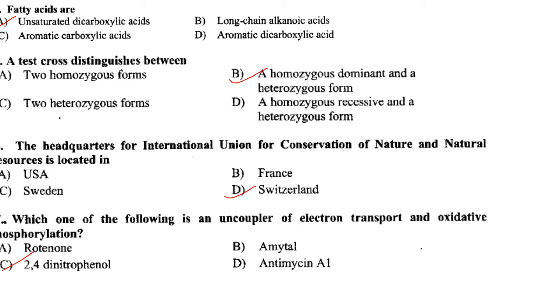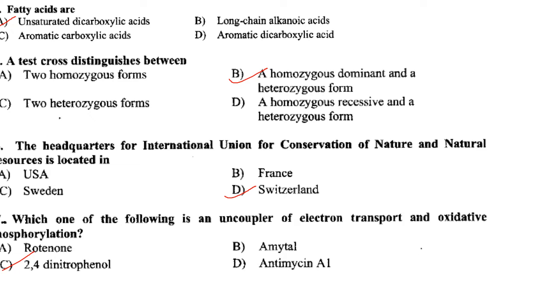Then the headquarters of International Union for Conservation of Nature and Natural Resources is located in option D, that is Switzerland. Which one of the following is an uncoupler of electron transport and oxidative phosphorylation? So it is 2,4-dinitrophenol.